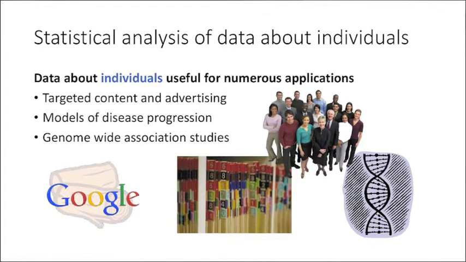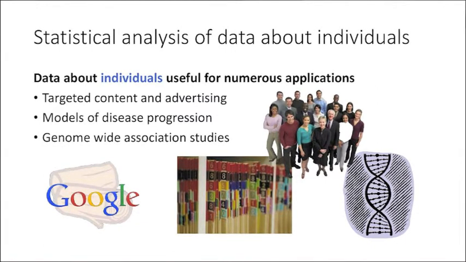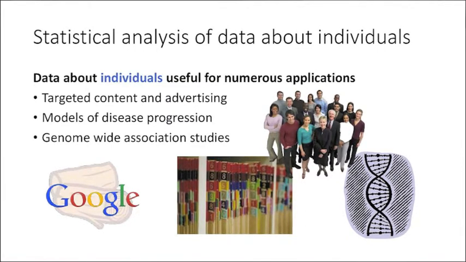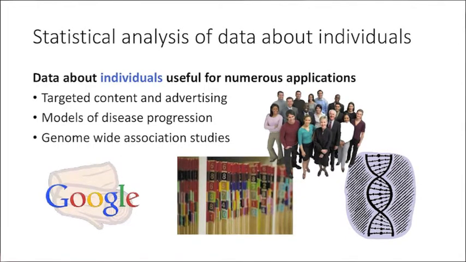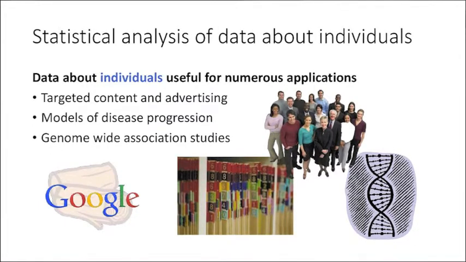For instance, targeting content at the users based on their preferences. You can try to model things about diseases that people might suffer from. You can also try to learn about genetics itself, or the genetic basis of diseases from individual people's genetics. So there's a lot of great applications.